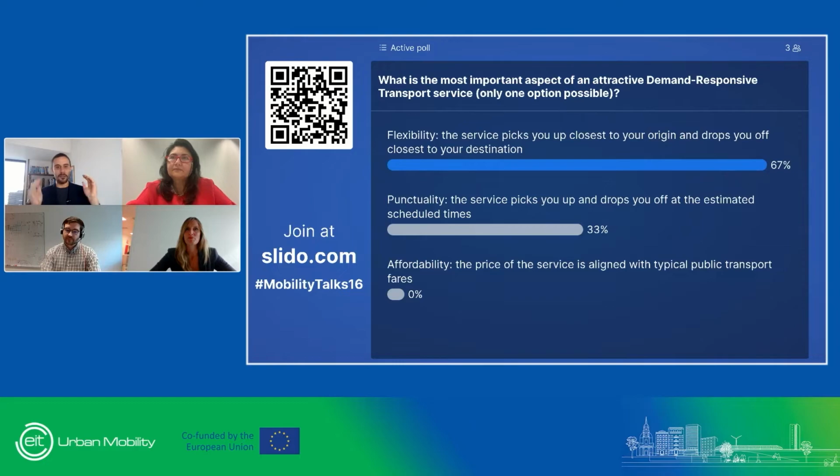So I'm going to ask the same question, quick fire. Let's start with Milos. I would go with punctuality, because in terms of flexibility, at least, we have seen also the case with Kutsu Plus, stations or stops were fairly well distributed across space.